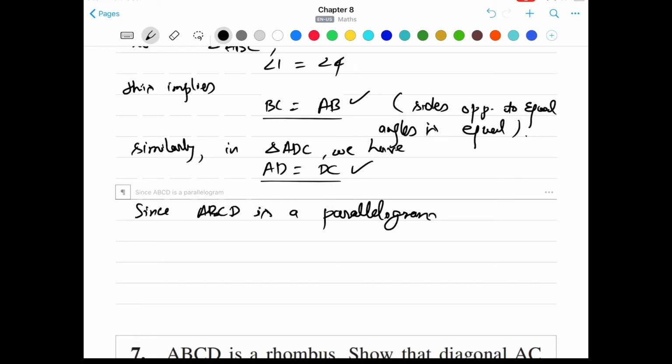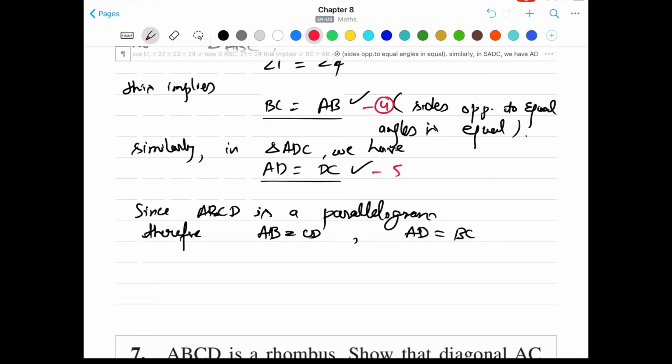Okay, therefore its side AB will be equal to CD and AD will be equal to BC, because they are the opposite sides of the parallelogram. So you can name them equations. We have 3 till now above, so let's name them equation number 4, equation number 5, and equation number 6.